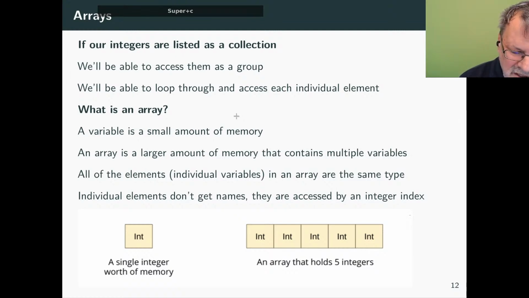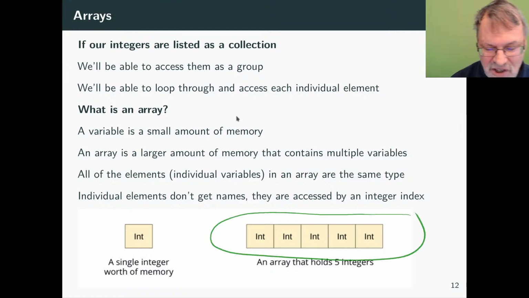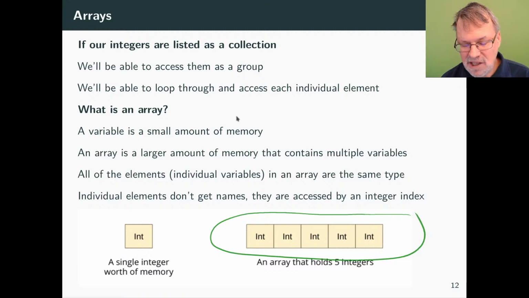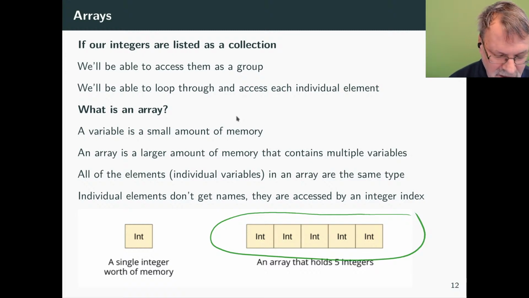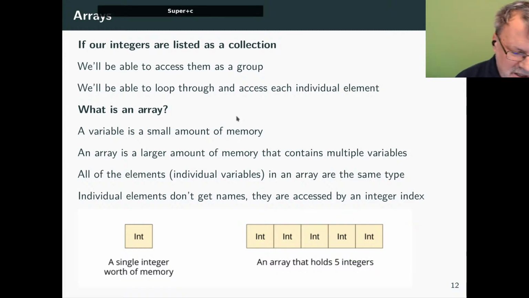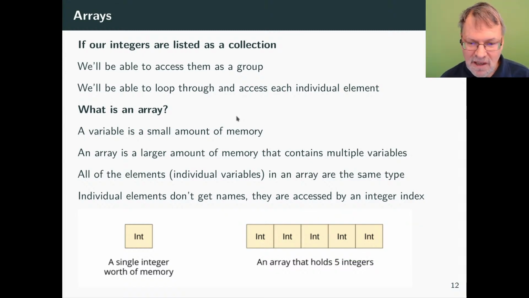So it's a whole collection of values, and we access them by indexes. I guess you could think of it as a block of flats, and you access it by the flat number. That's quite a good analogy. So this is a single house, a block of flats, and each flat has a number.